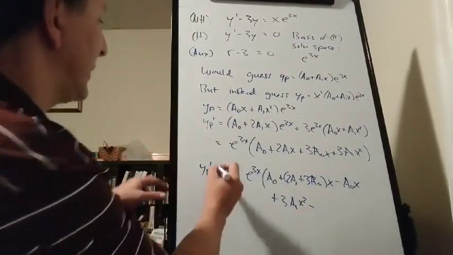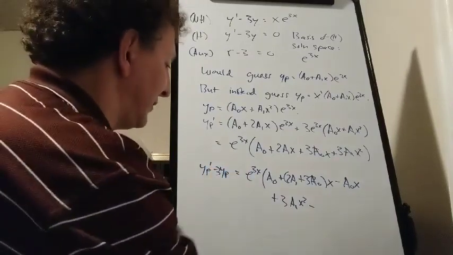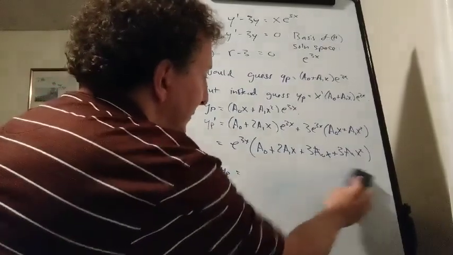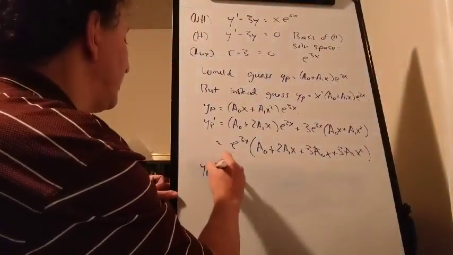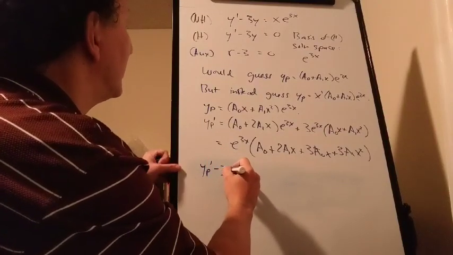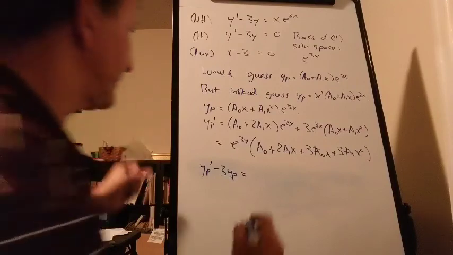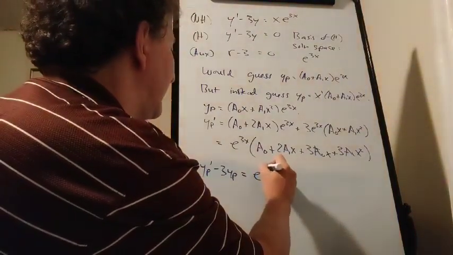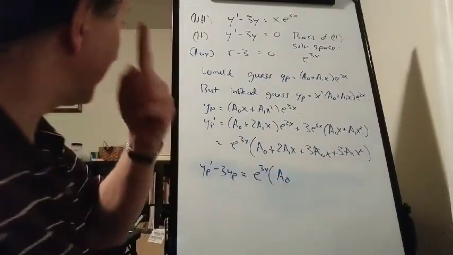Oh darn it, we're doing minus 3yp. Let me start this over again. Yp prime minus 3yp equals e to the 3x. Let's do constant terms first.